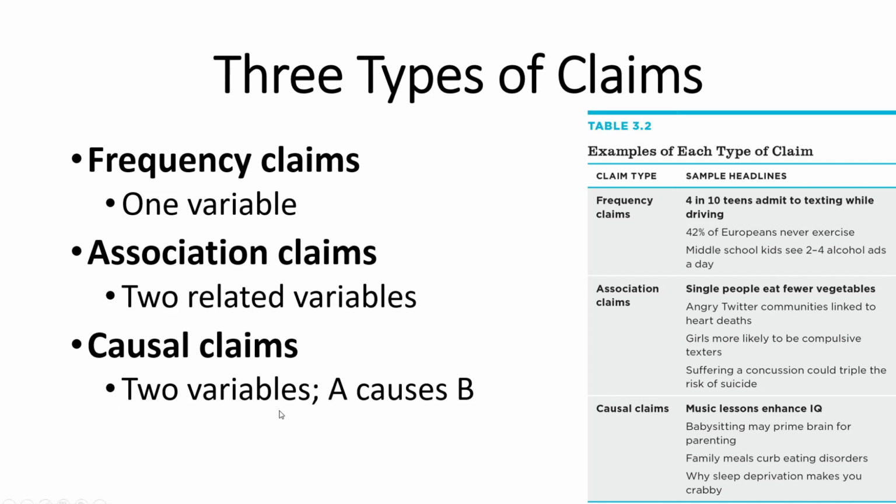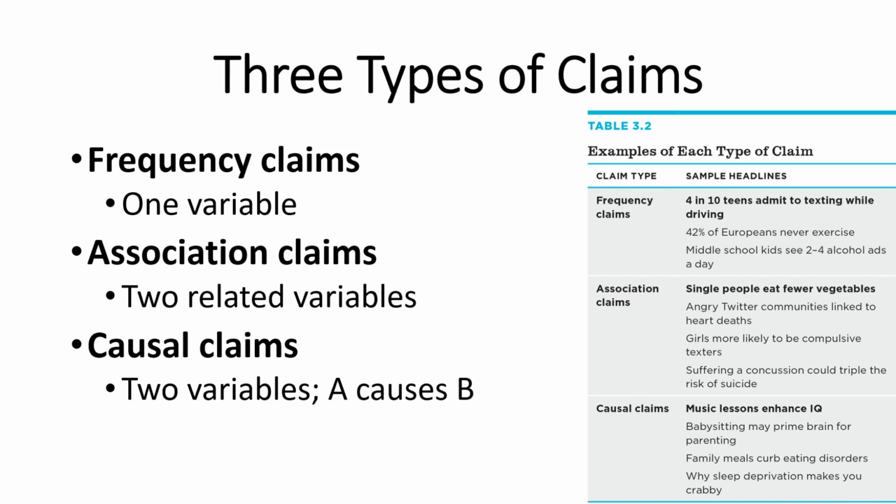And then our last type of claim is a causal claim. So we're still looking at two variables, and they're still related to each other, but a causal claim goes one step further, and instead of just saying that A and B are related, like we've said in the association claims, causal claims imply a direction for that relationship.